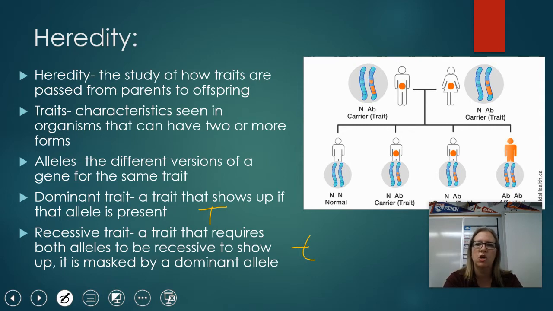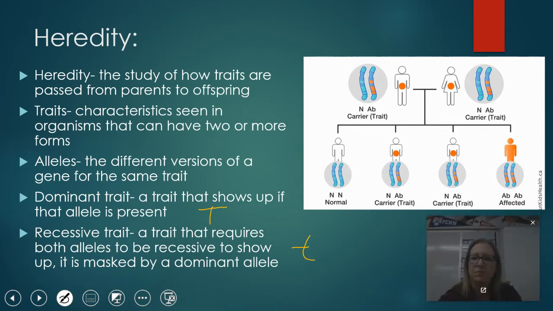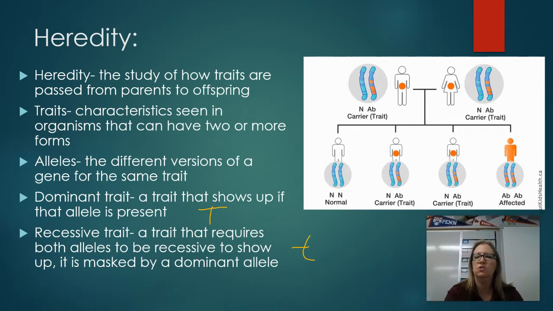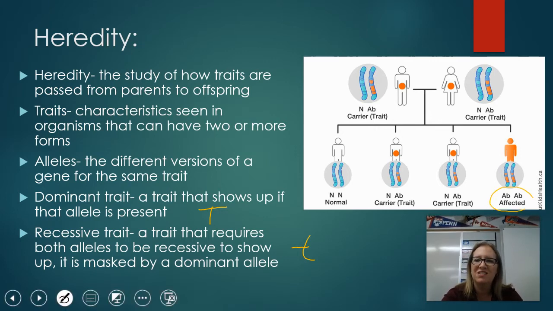And you can see in this little chart up here, this idea that these parents are carriers of a certain trait, okay? Let me move myself, there we go. Without getting into too much detail of that chart right there, the fact that this person is affected tells me that that is a recessive trait, that they had to get it from both parents.